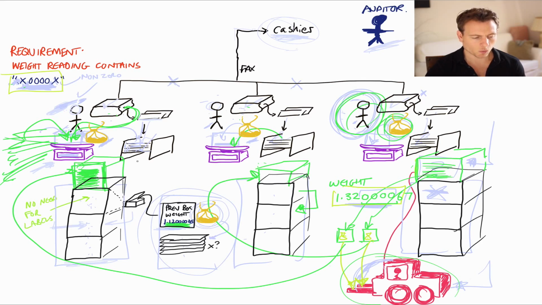So essentially, even though this network here, I'm going to draw this in red, cannot be relied upon to be 100% available or 100% accurate or equivalent to all of these guys all the time, it might be that this guy's fax machine is not working, this guy's fax machine is not working at some point in time, whereas this guy's might be.